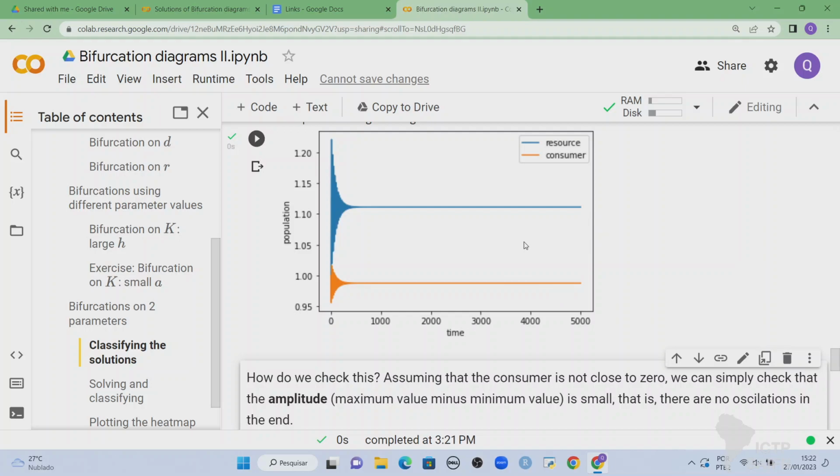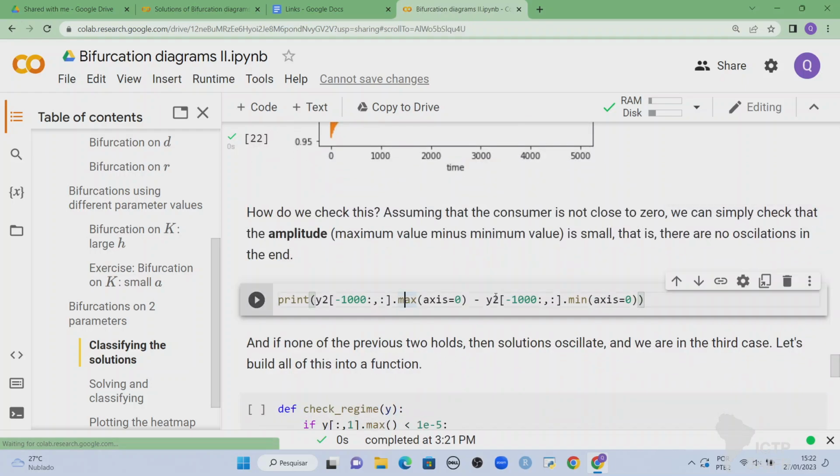So what do I do? I calculate the maximum and the minimum and check their difference. If they are very small, are they going to be exactly 0? Well, there are oscillations here in the beginning, so maybe there are still very, very tiny oscillations along the solution later. Maybe this doesn't go to exactly 0. So this is how I do it.